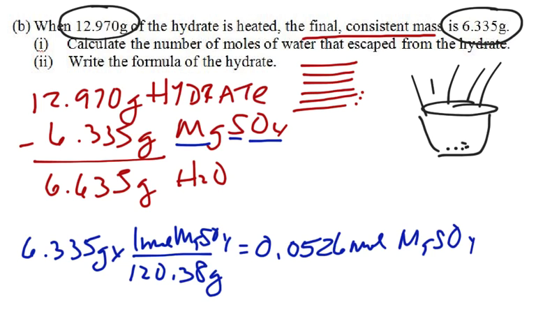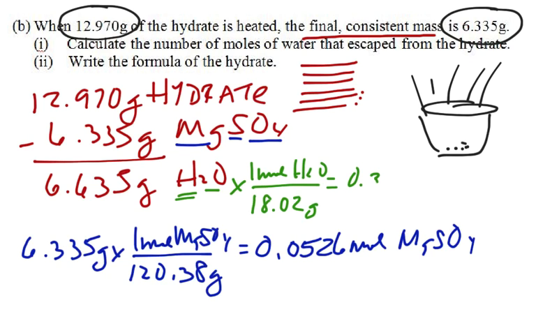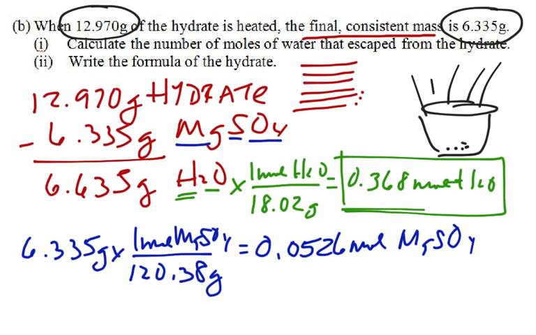Now, if we do the same thing for water, we'll divide by the mass of a mole of water, which is 16 plus 1.01 and 1.01. We get 18.02 for 1 mole of water. And when we do that calculation, we get 0.368 moles of water. Now, for part I of this problem, that is what we're looking for, so that's our first answer. And we want to continue and get the formula of this hydrate.